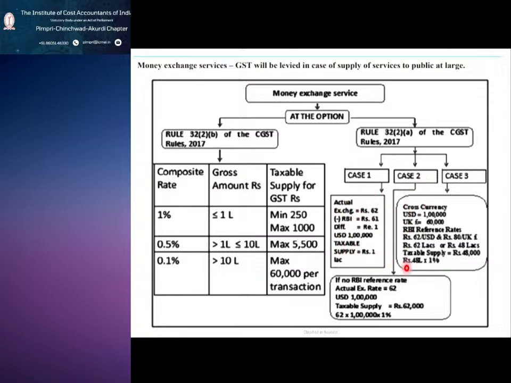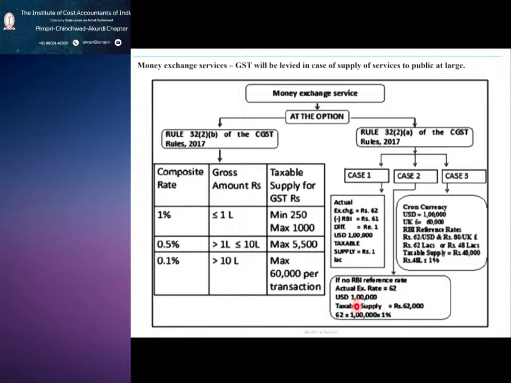Now we are into case 2. If there is no RBI reference rate, in that scenario, how do we calculate the taxable value? The actual exchange rate, here directly given in numbers, but you can write as per your understanding, is 62, and the US dollar amount we are exchanging is 1 lakh.